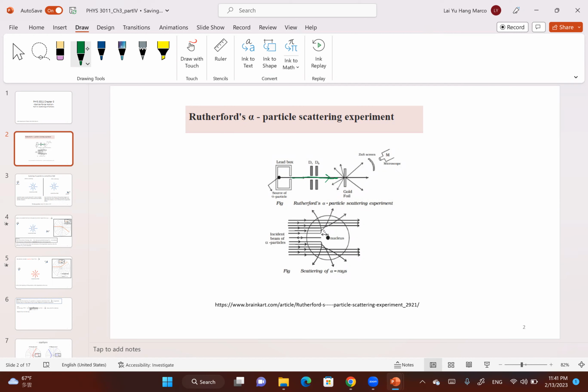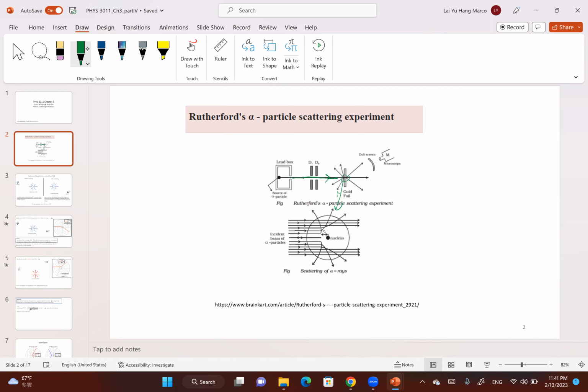If we look at this microscopically, by zooming into this gold foil, we see many gold atoms. Each gold atom will have a nucleus, which is again a positively charged particle.